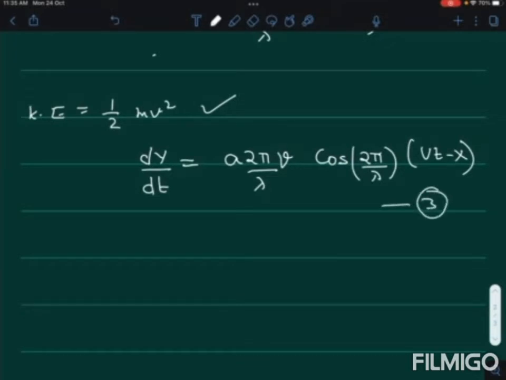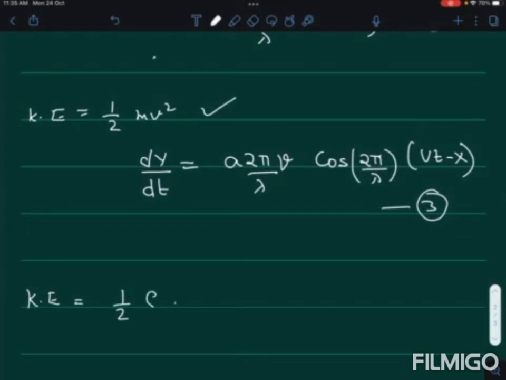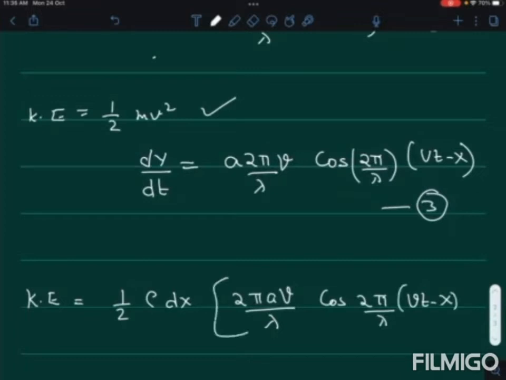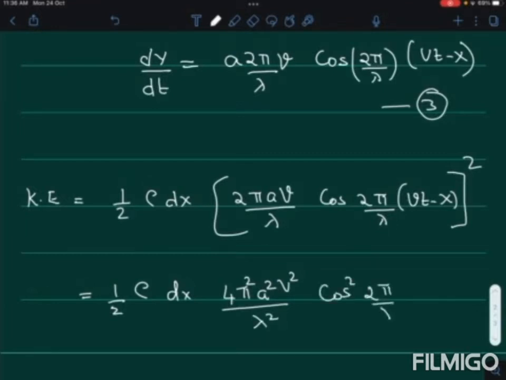Kinetic energy is half m v squared, where m is rho dx from equation 2, into (2π a v/λ cos (2π/λ)(vt − x)) the whole squared. So the result will be half rho dx into 4π² a² v²/λ² cos² (2π/λ)(vt − x).